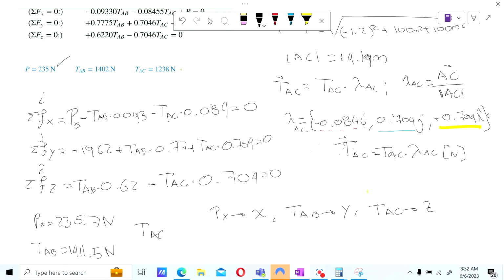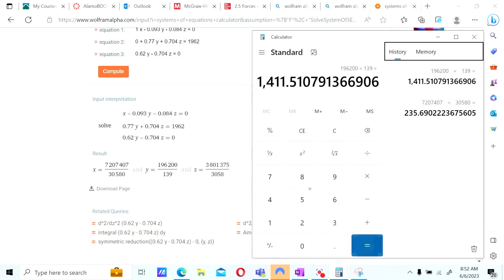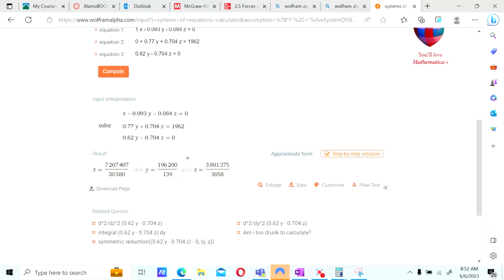And TAC equals 3801375 divided by 3058, 1243.